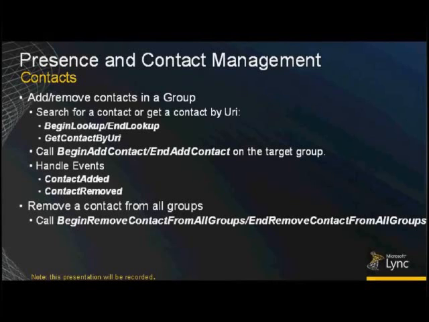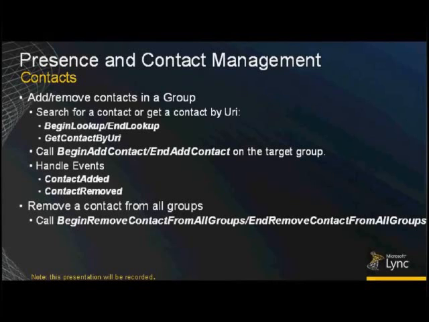So usually 2 events will be interesting. The one is contact added, the other one is contact removed. There is also a shortcut way to remove contacts from all groups by calling begin remove contact from all groups. So this is very straightforward.